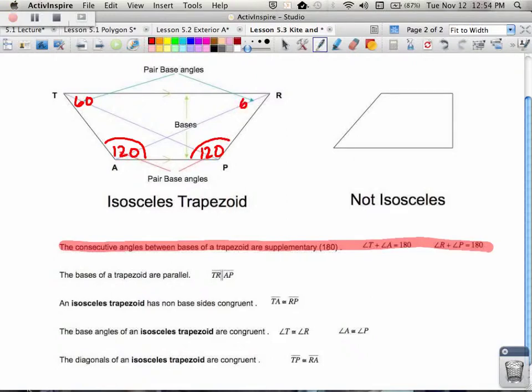So I know that these are 60 degrees and equal, and those are 120. Also, probably most importantly in a trapezoid, there is one set of parallel sides. So as I look at the bases, I see that they are parallel to each other.